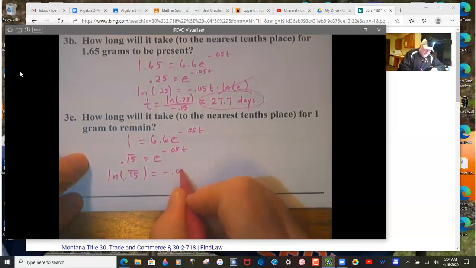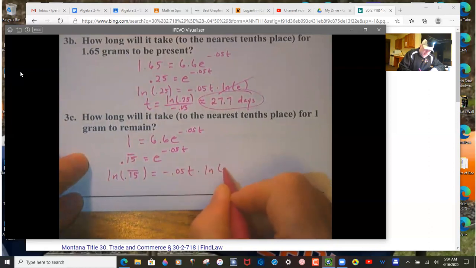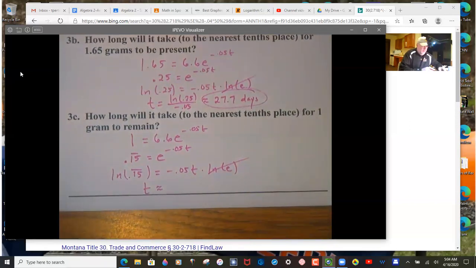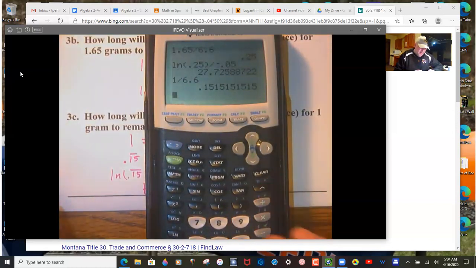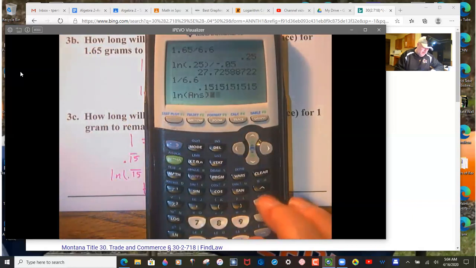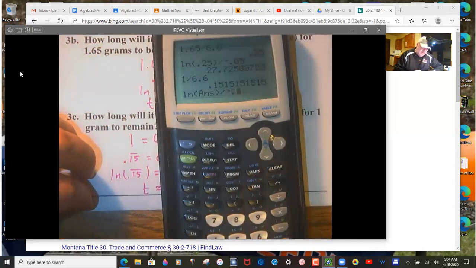Equals negative 0.05t times ln of e. That's 1. Then divide by negative 0.05. When you get this, you can do ln of that answer divided by negative 0.05.